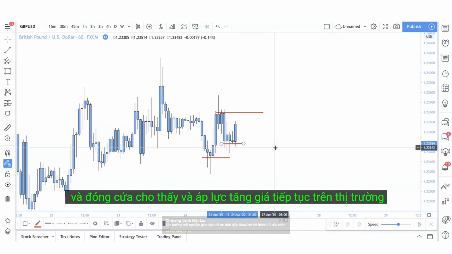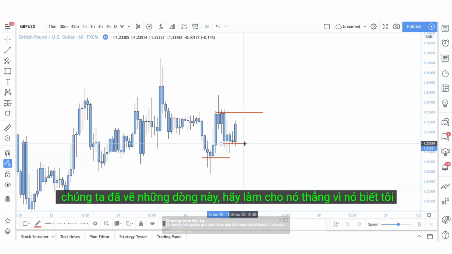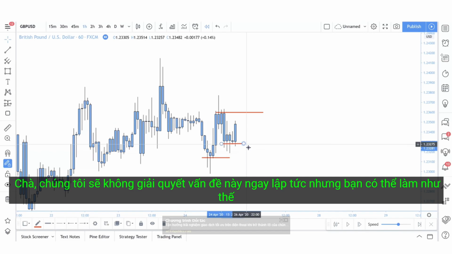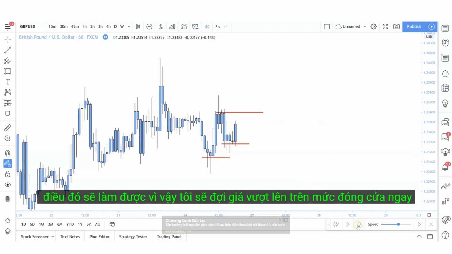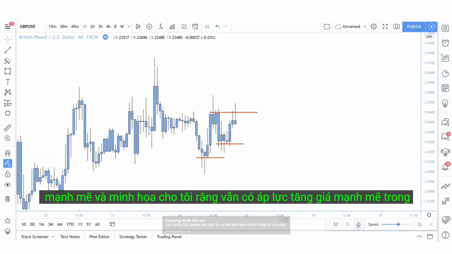Once we've got these lines drawn in, let's get this one straight because it annoys me. Well, we're not going to get it straight for this one, but something like that will do. I'm going to be waiting for price to break above this structure, close strong, and show me there's still strong bullish pressure in the market.